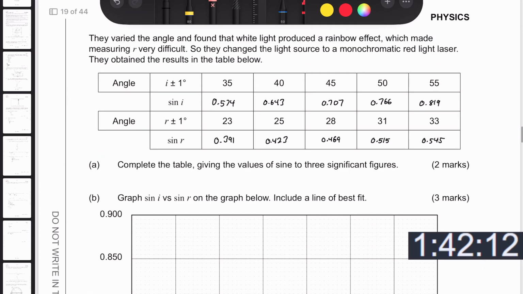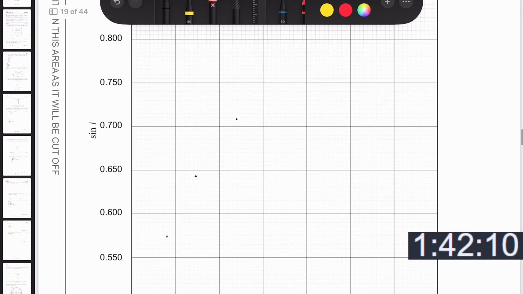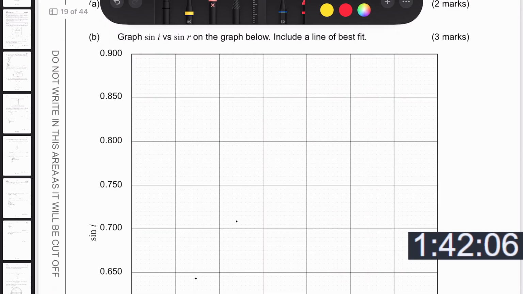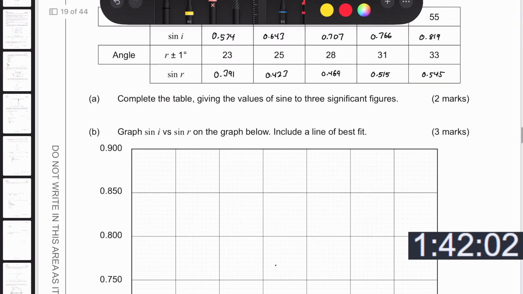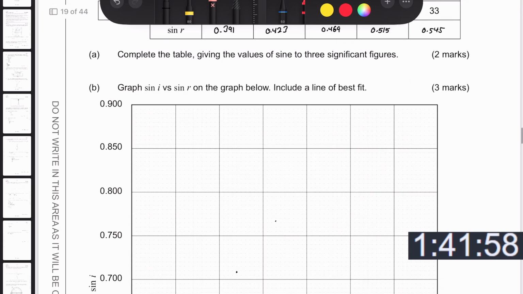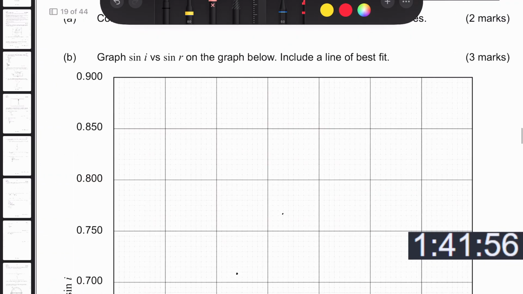It's about there. 0.515, 0.766. And then 0.545, and I've got 0.820. So one to the left of this, and then 4 up.